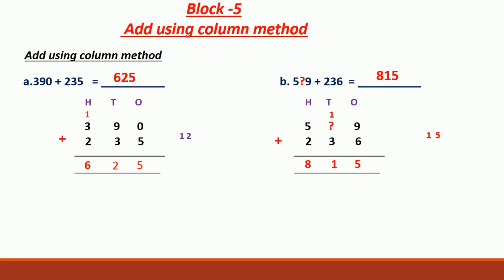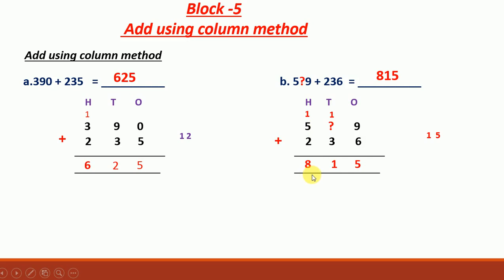4. Okay, 1 plus 3 we are getting 4, but in your answer in the tens place there is only 1 over there. So here we are having a carryover also to the hundreds place. When you add the hundreds place, along with the carryover, 1 plus 5, 6, 6 plus 2, 8 we are getting.